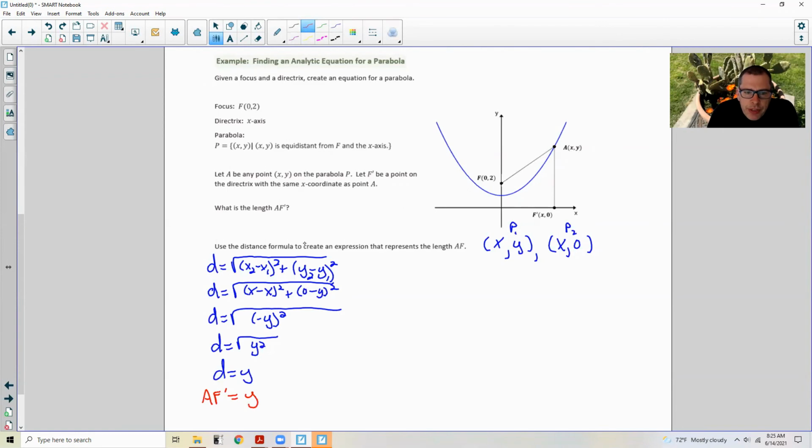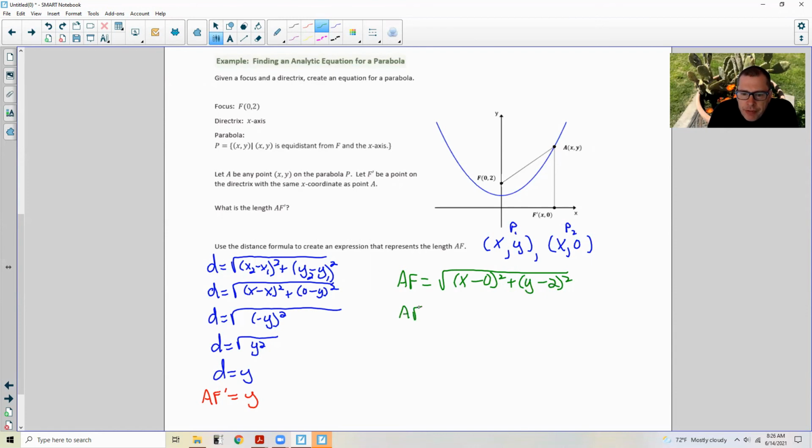Then it says use the distance formula to create an expression that represents the length of AF, which is this. All right, so I'm going to say AF equals the square root of, and I put that in, and it's going to be x2, which is here, which is x, minus x1, which is 0. y2 is y. y1 was 2.